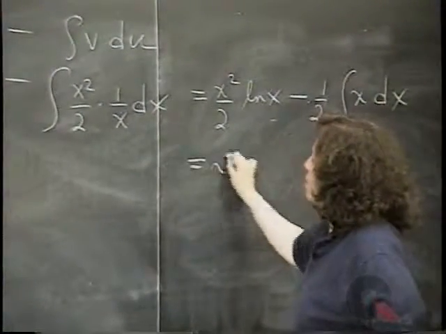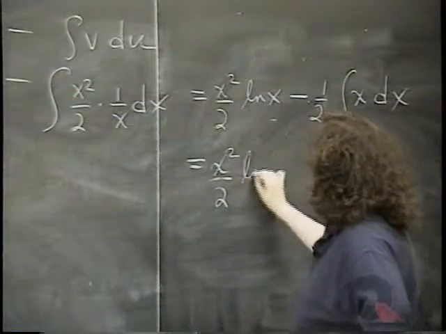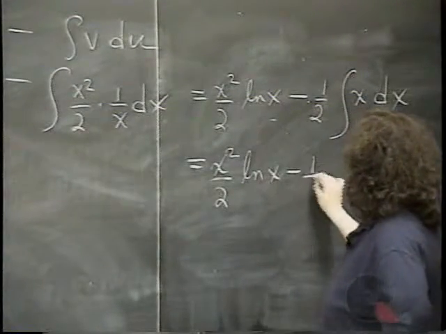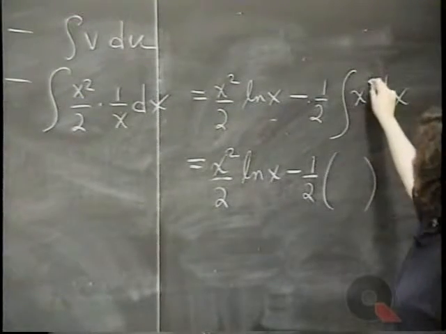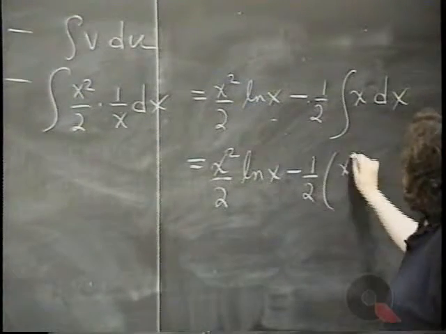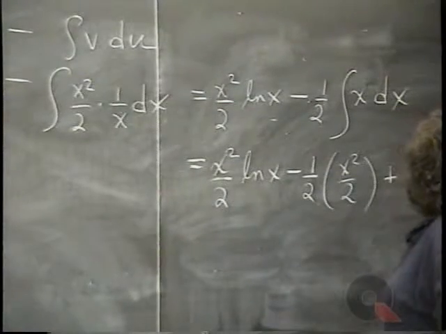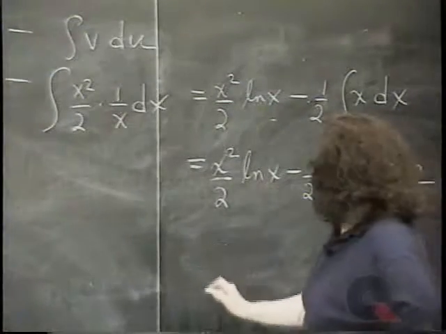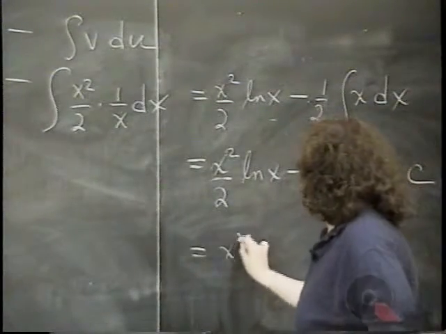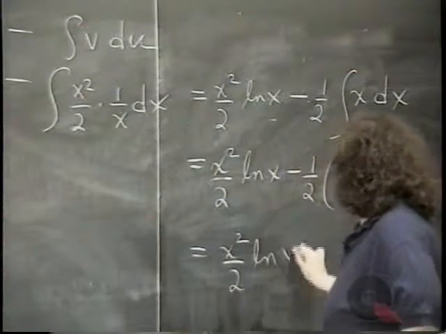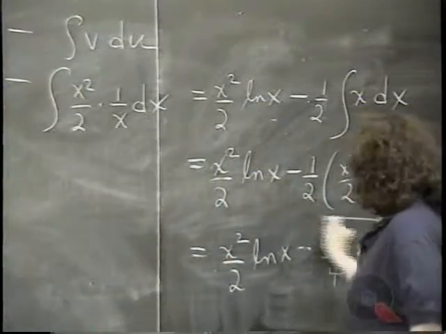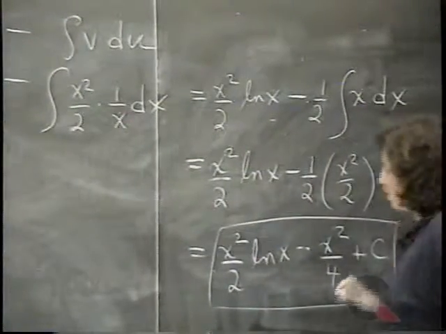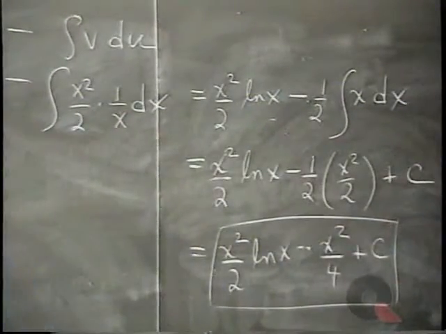Now the integral of x, or x to the first power, of course, is x squared over 2 plus a constant. So my final answer, x squared over 2 ln x minus x squared over 4 plus c. And of course, this can be checked by differentiation.